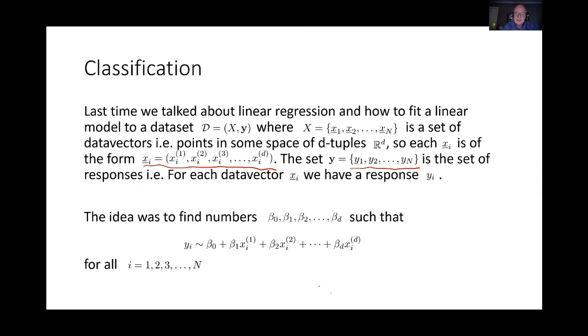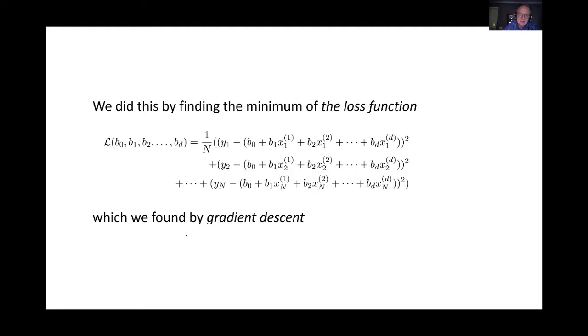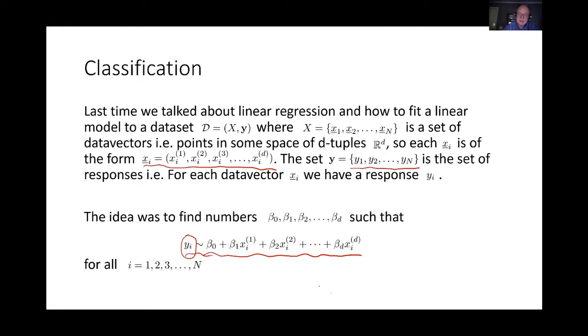And the idea was to try to fit a linear function, of this form here, to our data here. But now we're going to look at the case where these yi's are not just real numbers, but rather categories.